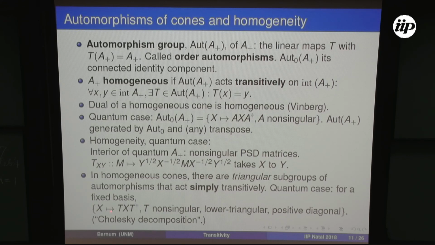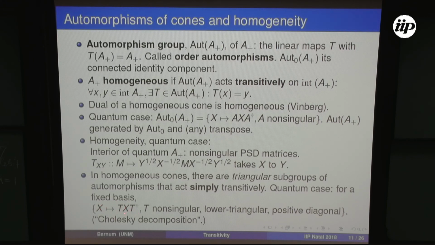And basically, in the quantum case, it's just the Cholesky decomposition, right? So you can take T to be the non-singular lower triangular matrix with a positive diagonal. That is the Cholesky decomposition. Let's take this map.